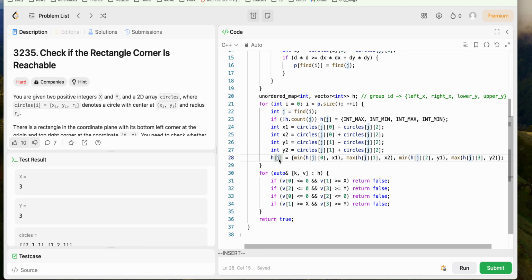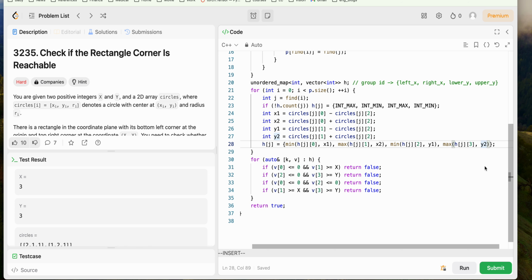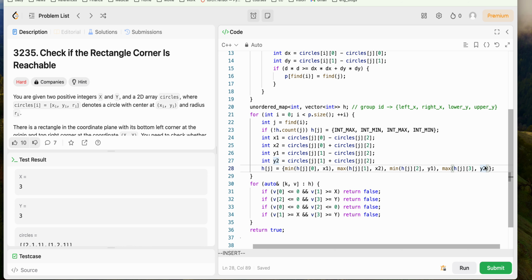Then hj equals minimum of hj 0 and x1, then max hj 1 and x2, minimum hj 2 and y1, and max hj 3 and y2. This seems okay.